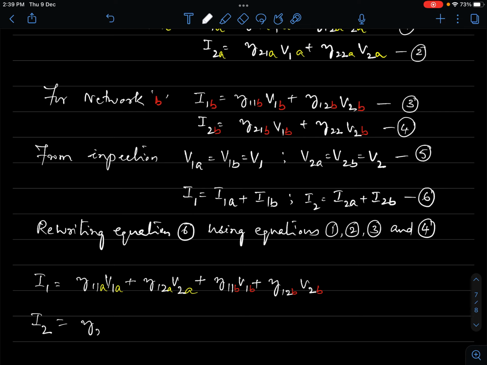So I2 equal to Y21A V1A plus Y22A V2A plus Y21B V1B plus Y22B V2B.